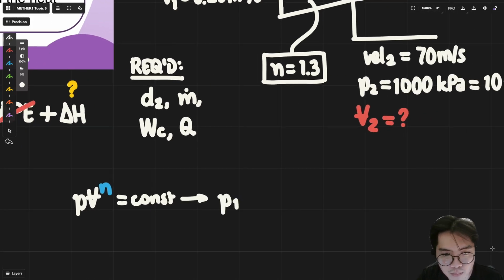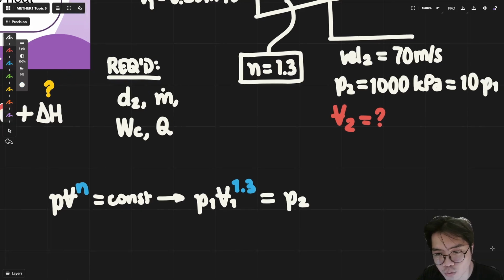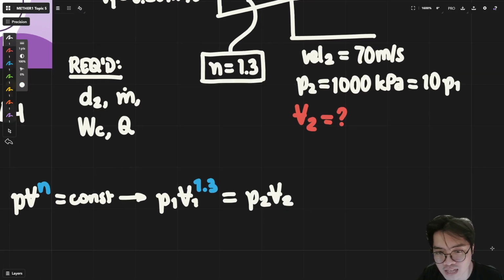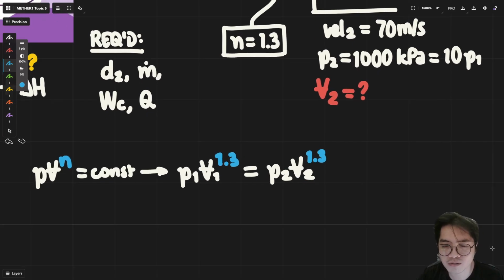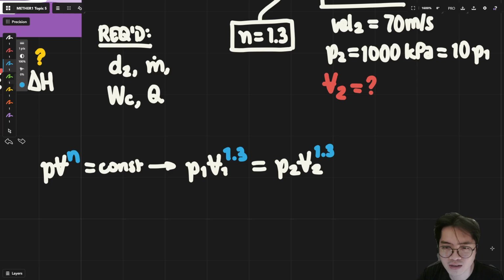This means that your P1 V̇1 raised to 1.3 is going to be equal to P2 V̇2 raised to 1.3. Okay, cool. Now what? We can actually get the value of V2 in here already. If you guys want to shift solve, go ahead.